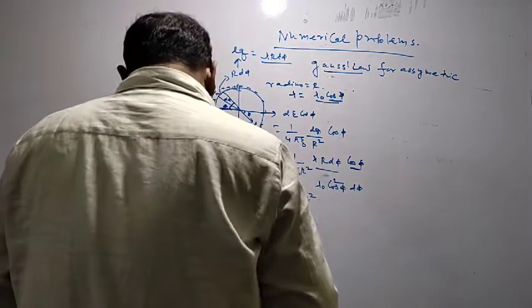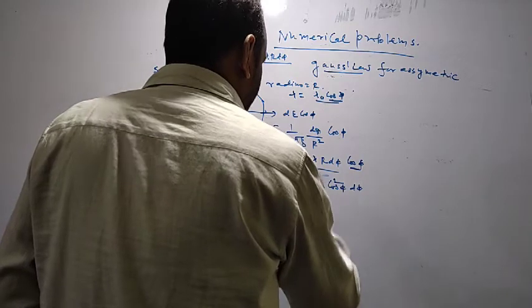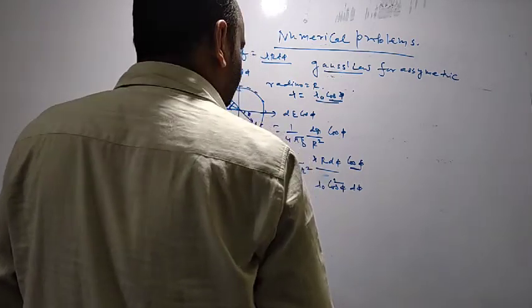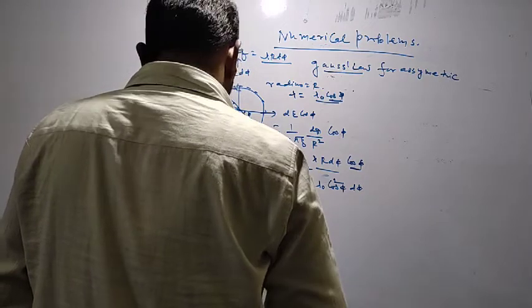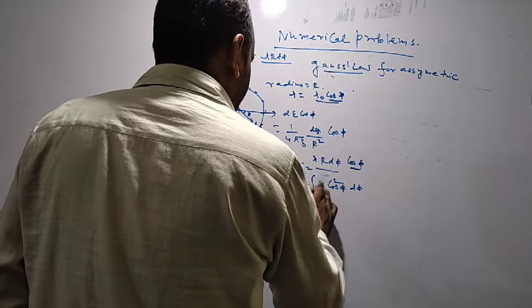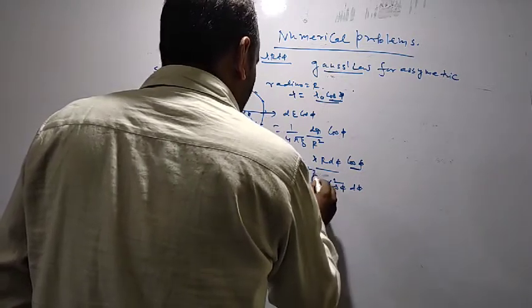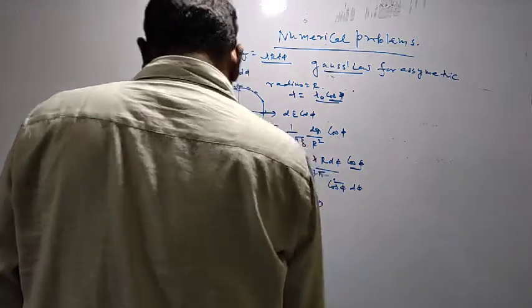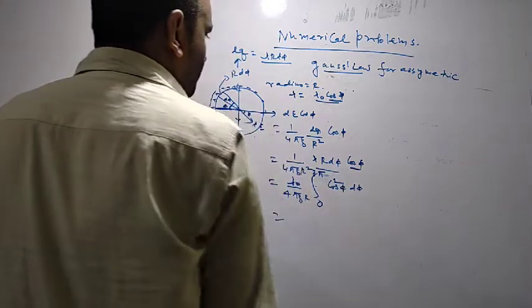The R cancels out, so we are left with this expression and just integrate it. The constant lambda naught comes out, and we integrate from 0 to 2 pi. So we have this integration.